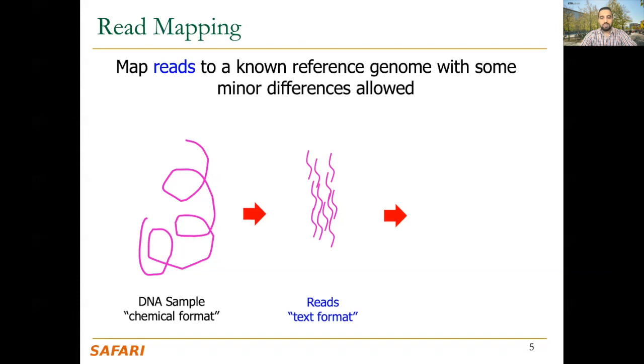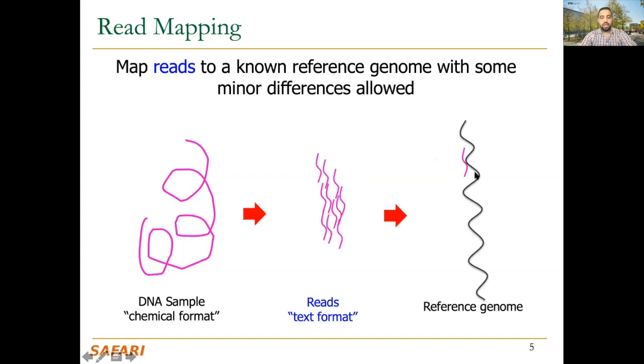Once you get these pieces, your goal is to know what is the location of every single piece coming from the sequencing machine. So you take what we call a reference genome, and then you try to map each piece into the reference genome until you finish all these pieces and you locate them. And then you can say, okay, here you go, this is your reference genome. Of course, you don't consider it as an exact match to the reference genome.